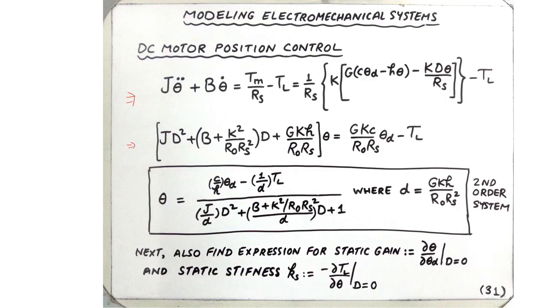The final expression that relates theta with theta d and TL is going to be a second order system as shown here. And again, we have a common denominator, small d, which is G times K times H divided by R naught Rs squared.